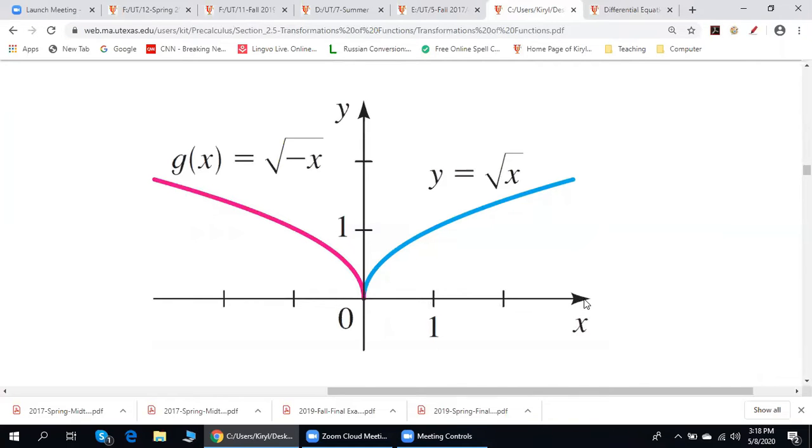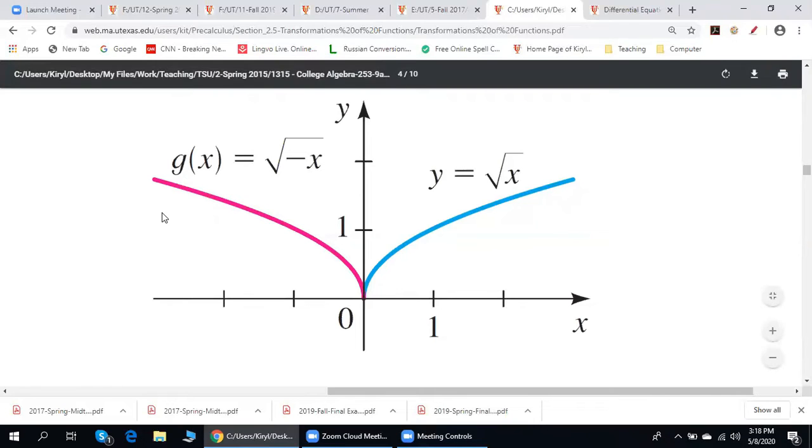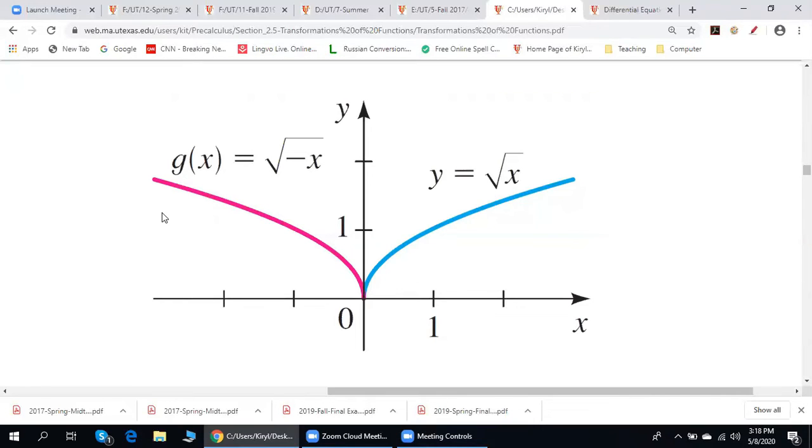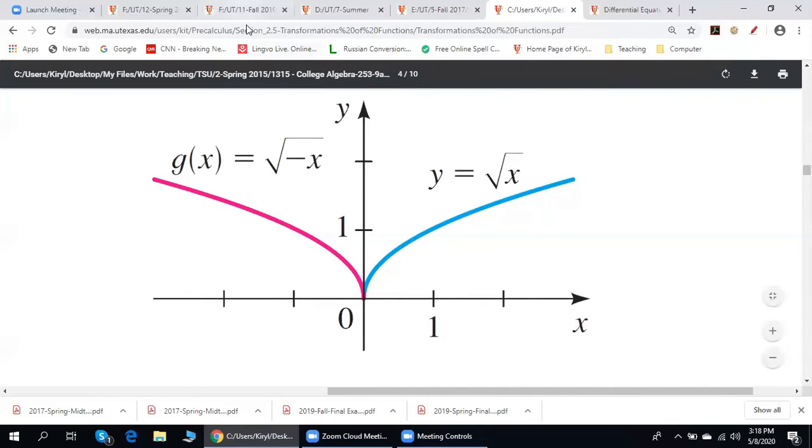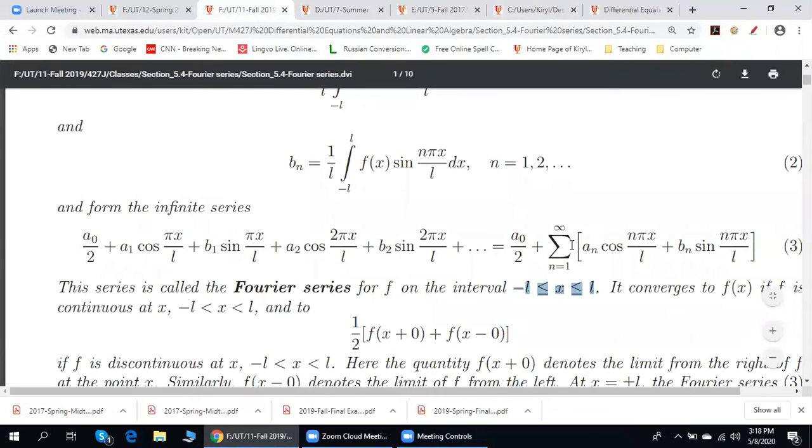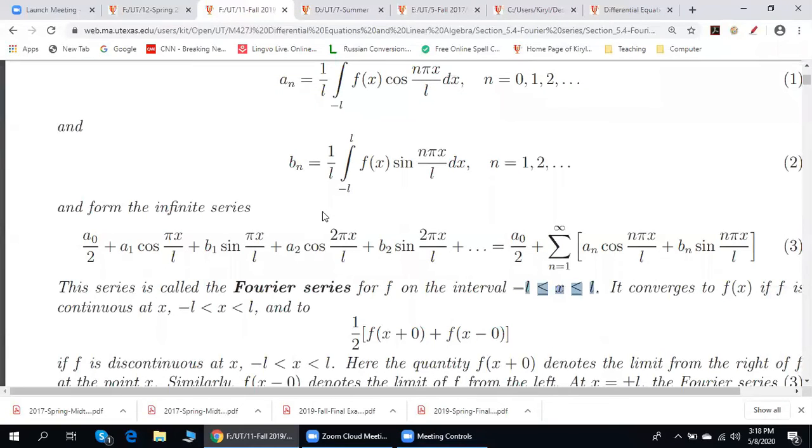I'll repeat once again. We have some function which is defined between 0 and L only. Step 1, draw some graph on the left. Say, continuous graph. Now, the new function g of x is defined between negative L and L. Apply this theorem to the new function g of x.